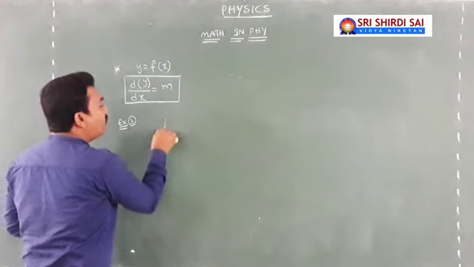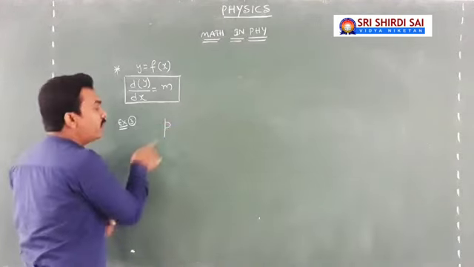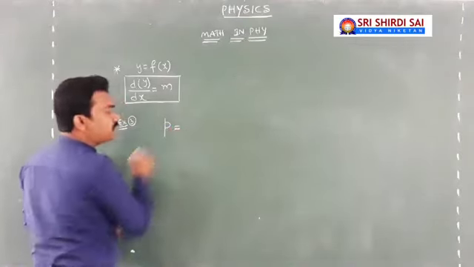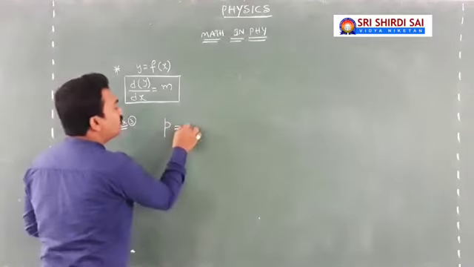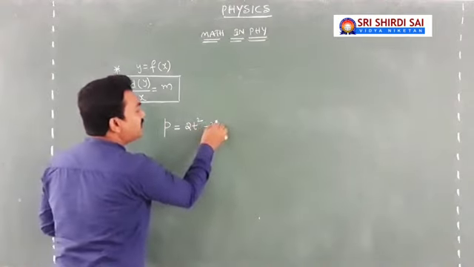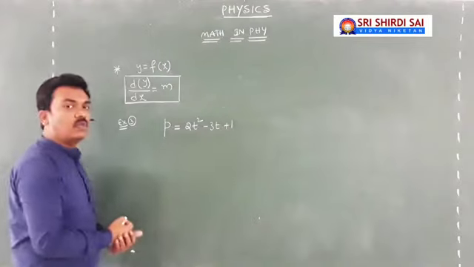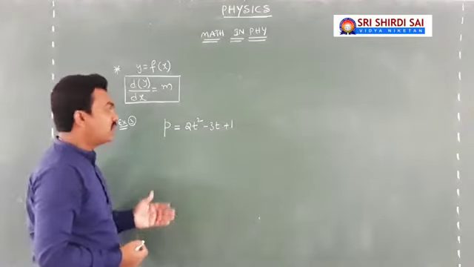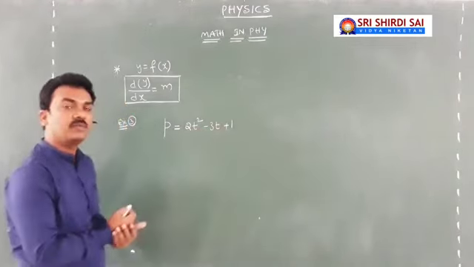The momentum of a particle, p for momentum, is varying with respect to time as p equal to 2t square minus 3t plus 1. The momentum of a particle varying with respect to time as p equal to 2t square minus 3t plus 1.